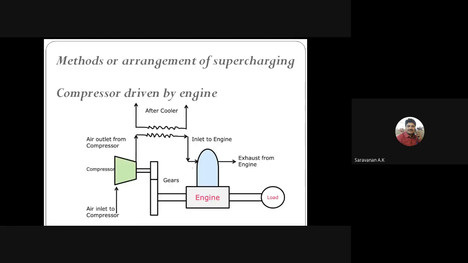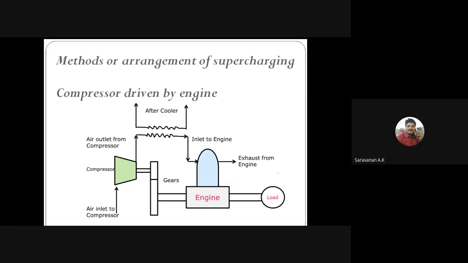Depending on where the superchargers are arranged and how they work, we have some methods or arrangements of supercharging. We have 4 or 5 types of methods.